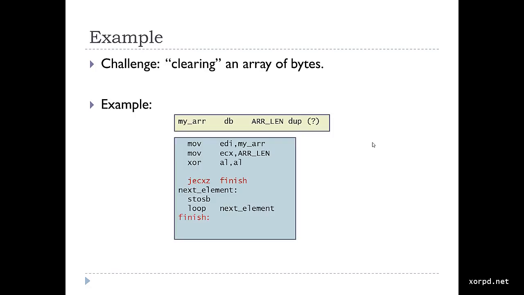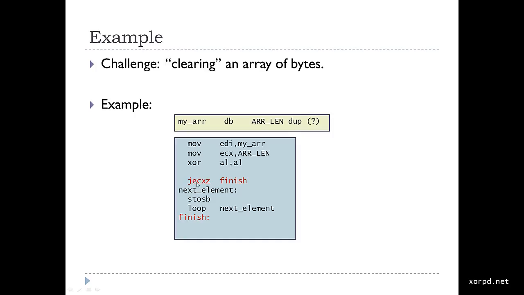And this is exactly what we do. We use a new instruction called jecxz, which is going to jump to finish if ecx is 0. I repeat again, this is an instruction that you haven't seen before. This is the first time I use it. What this instruction does is as follows.